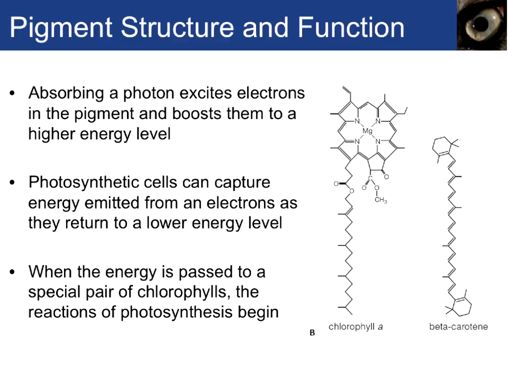When the energy is passed to a special pair of chlorophylls, the reactions of photosynthesis begin. This slide isn't very descriptive of what's going on. We're going to get into a lot more detail of how the electrons go to a higher energy level and then skip from the chlorophyll and move down the electron transport chain.